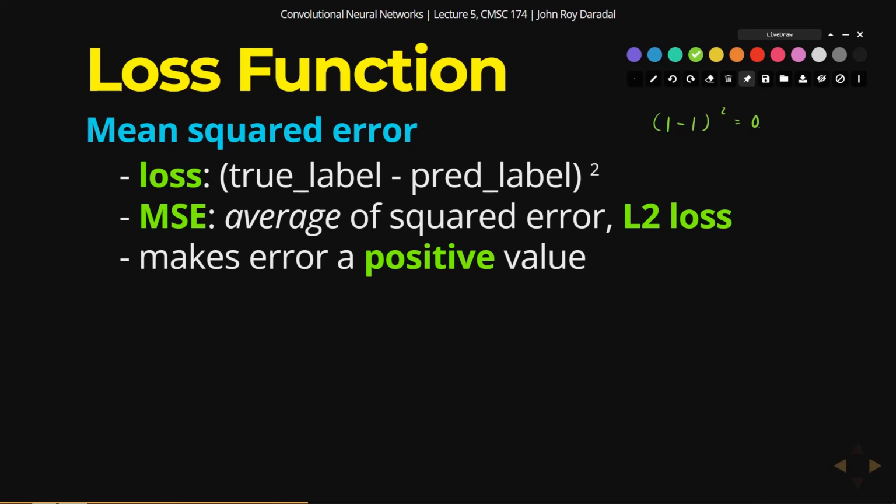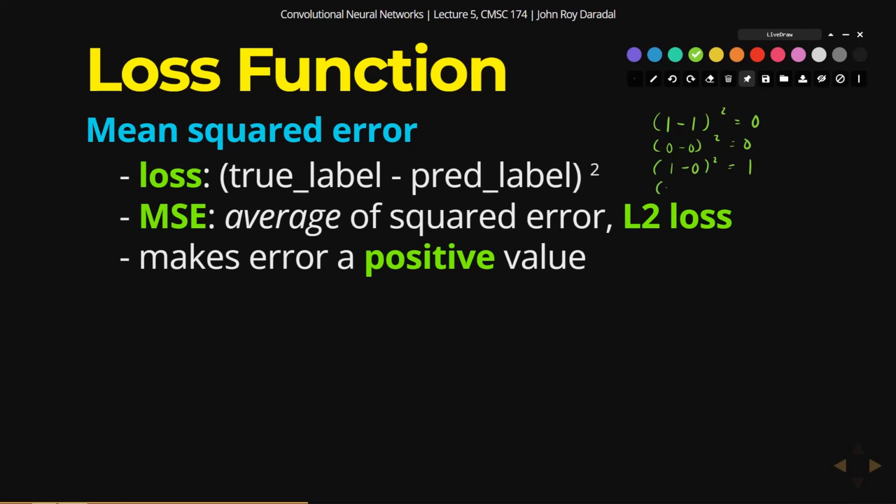So there is 0 loss because we were correct. Now if it was 0 minus 0, it's also 0 because it's correct, right? But what if the true label is 1, but you had a predicted label of 0? So this would be 1 minus 0 is 1 squared, so 1.